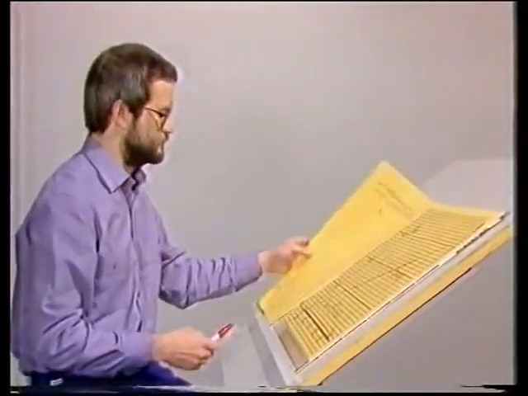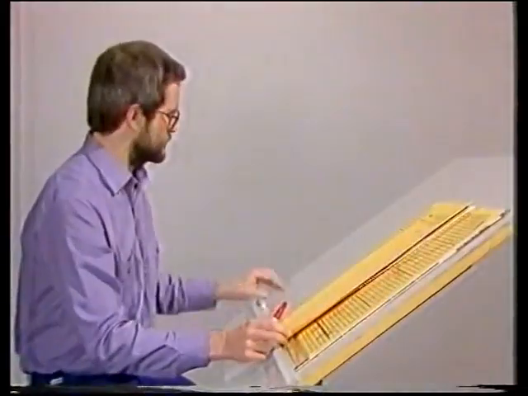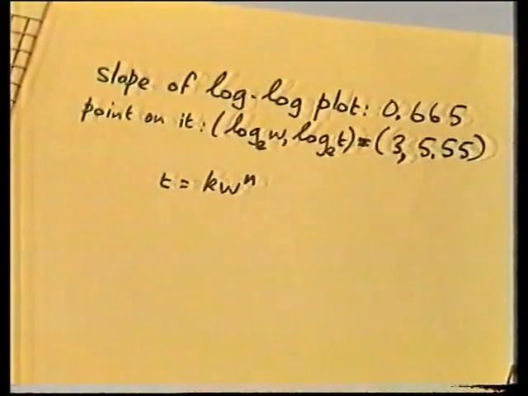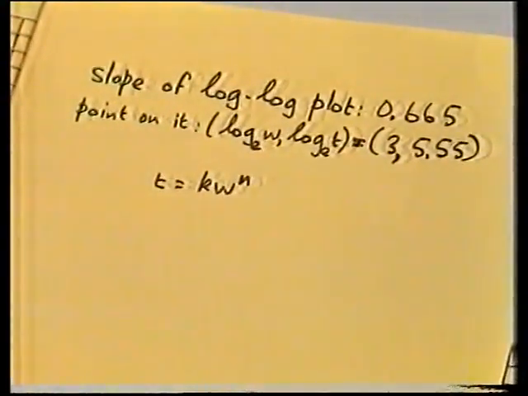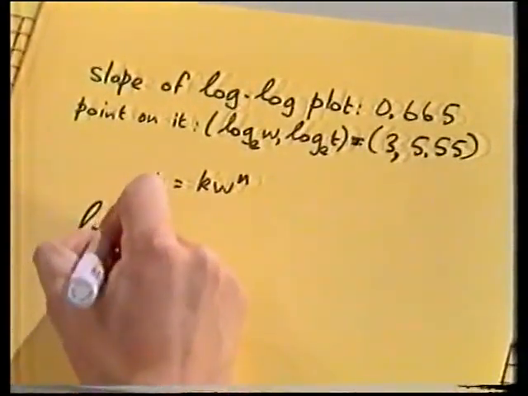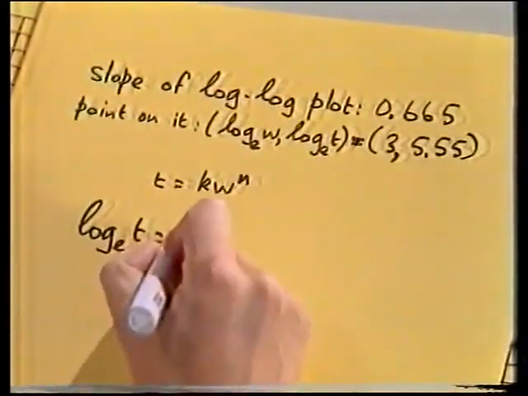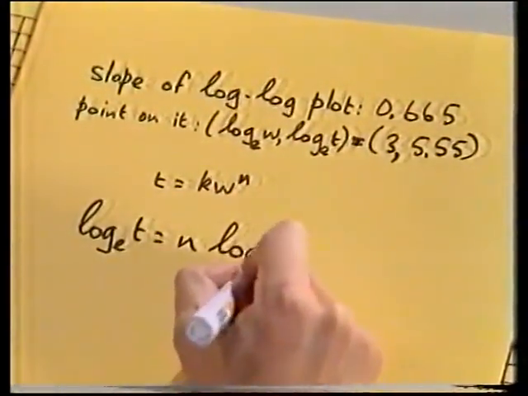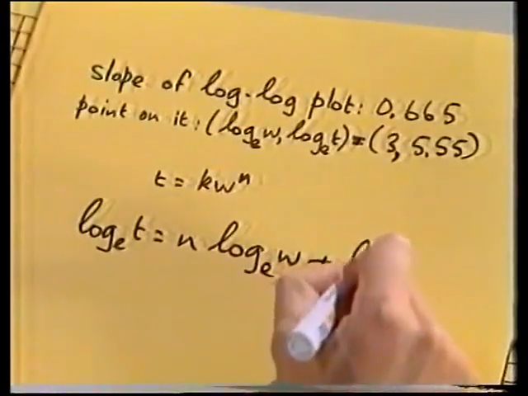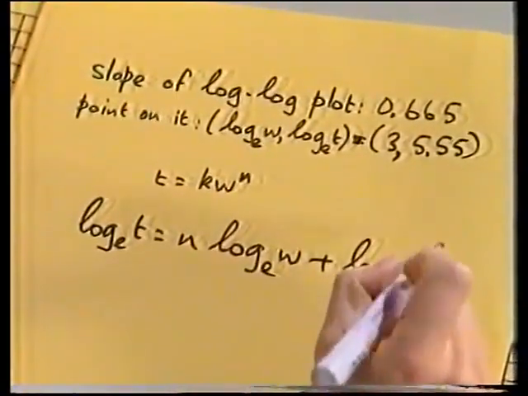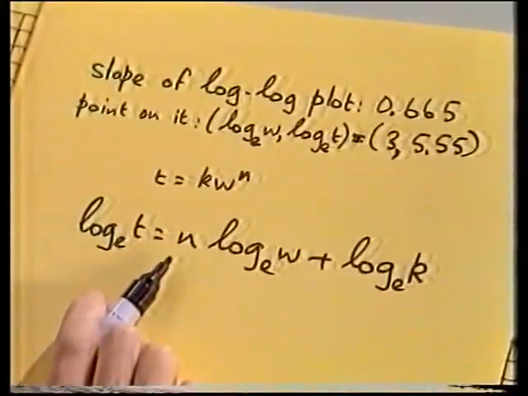Now let's apply that information to find the values of k and n in the power law T equals kW to the n. Taking logs on both sides gives log T equals n log W plus log k. In other words, n is the slope of the line on the log-log plot.